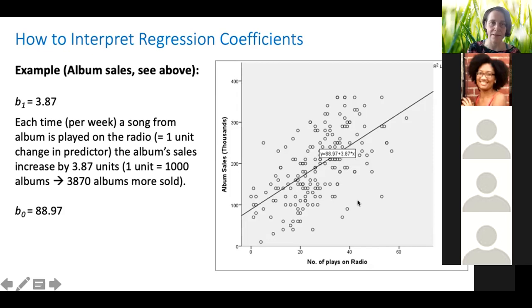And so that means each time a song from the album is played on the radio, the mean sales number of albums increases by 3.87 units. And so that translates to 3,870 albums more sold on average, again, because there will be many albums that are played a certain number of times on the radio.